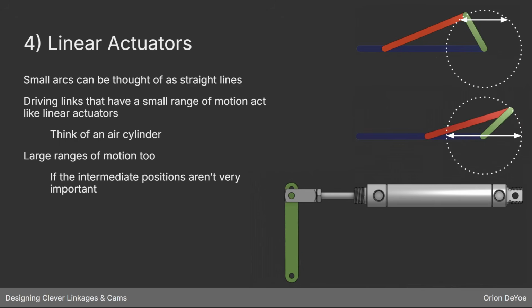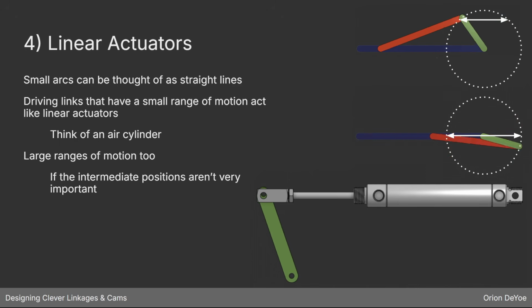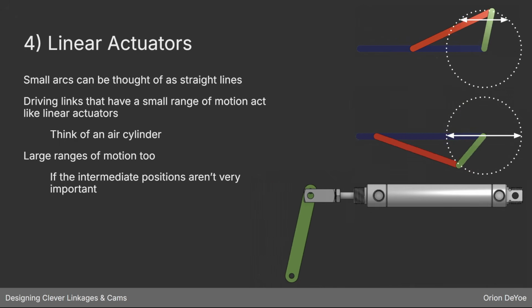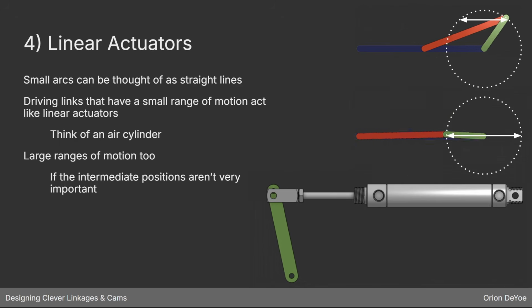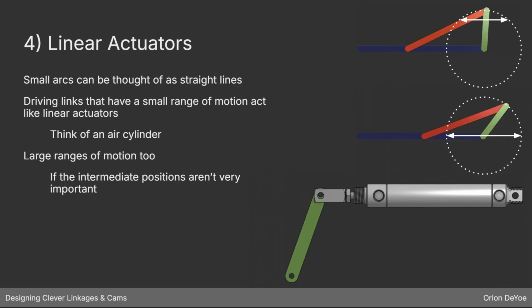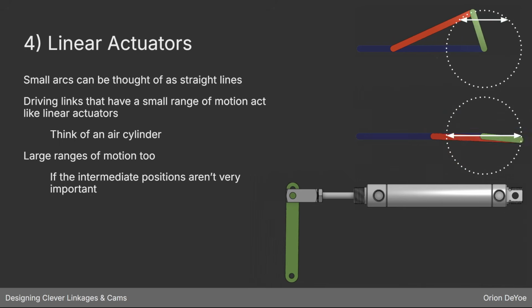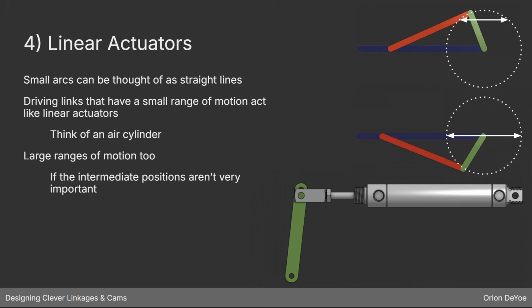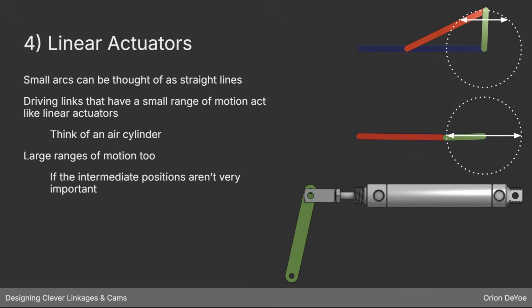Thinking with all of these arcs and circles can sometimes be more difficult. But if you just think about the two extremes of the linkage, and the end point, the joint of that linkage, just going in a straight line from the starting point to the end point, that can be a much more intuitive way to think about it.